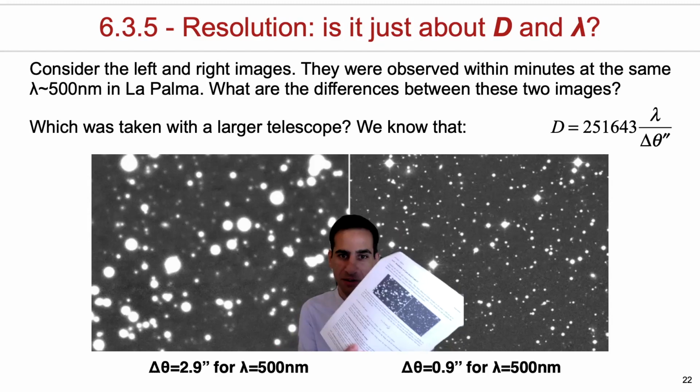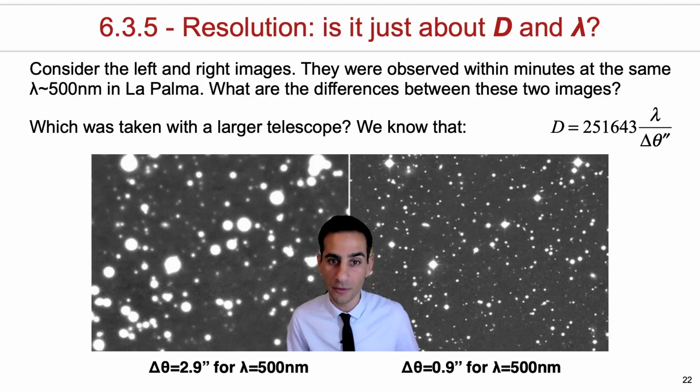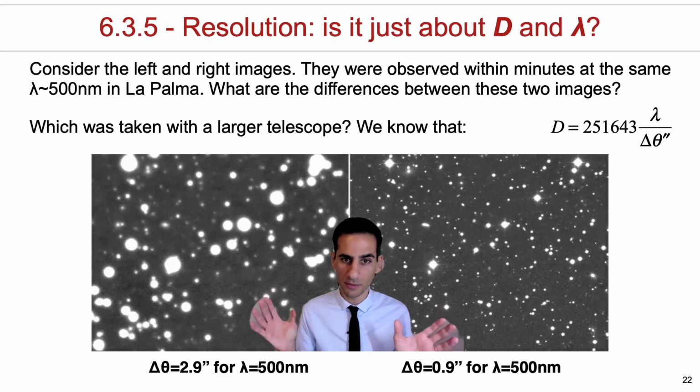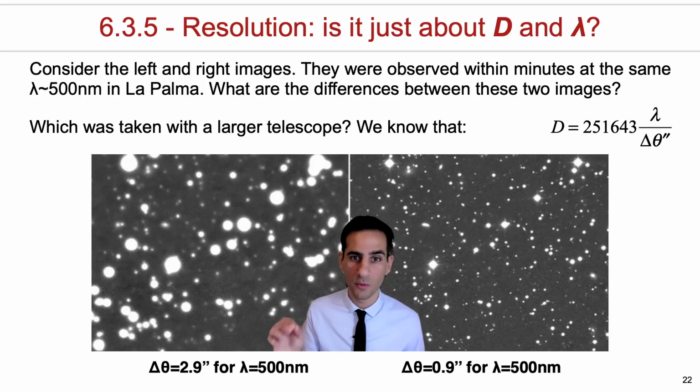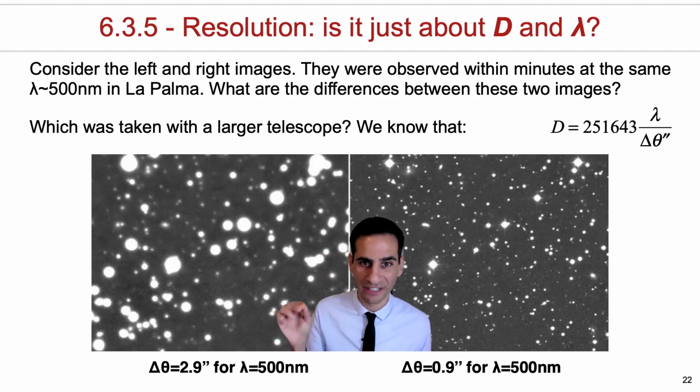Now, if you've seen the lecture notes, that's sort of cheating, and you've probably realized already that it is not the case. These two images were actually done with exactly the same telescope, the same exposure time, and the big change were the actual atmospheric conditions.